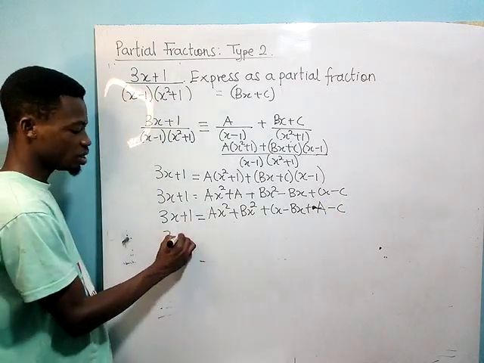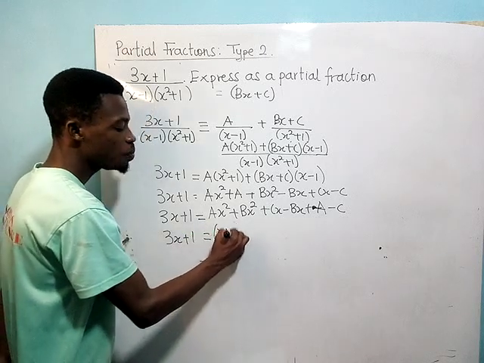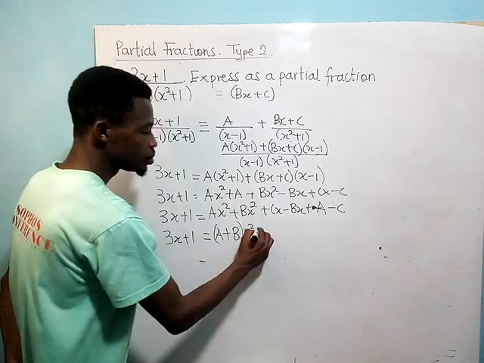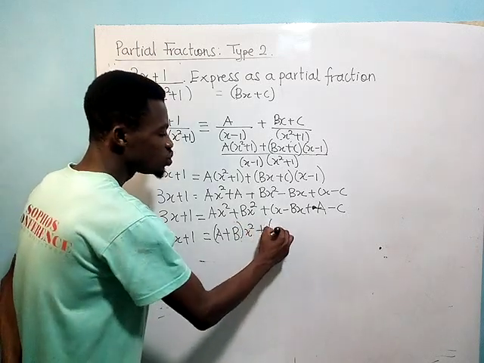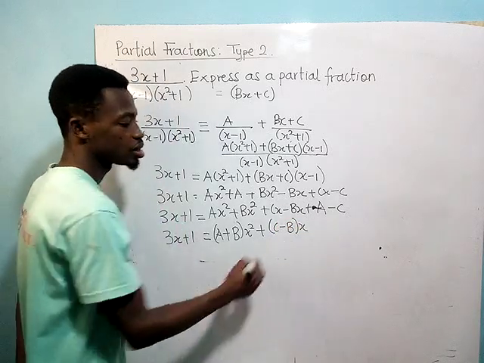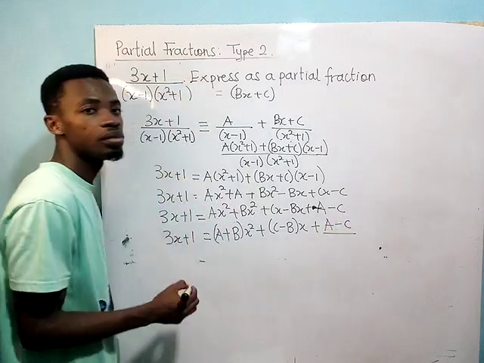When we factorize, we have 3x + 1 is equal to (A + b) x², plus (c − b) x, plus (A − c).